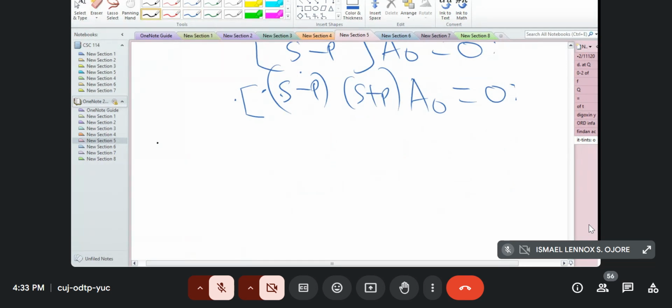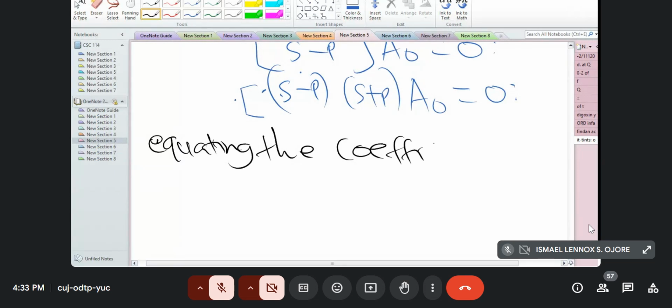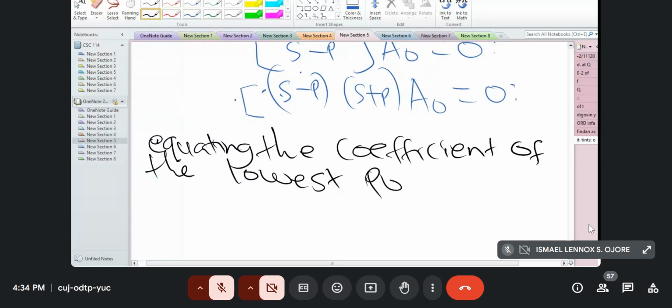Maybe I should have mentioned that equating the coefficient of the lowest power of x to 0 and solving gives us what we call the initial solution. The lowest power in this case is x power s, right?